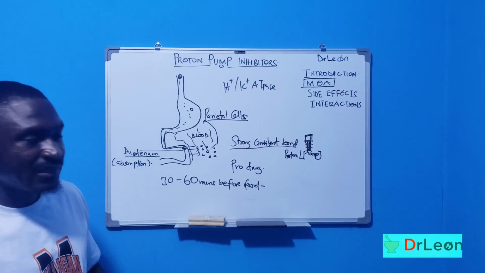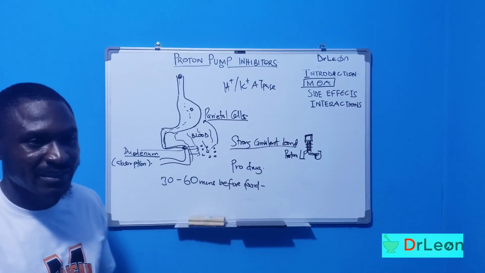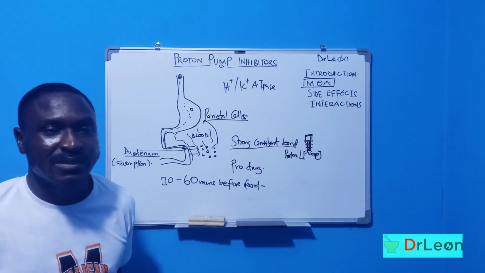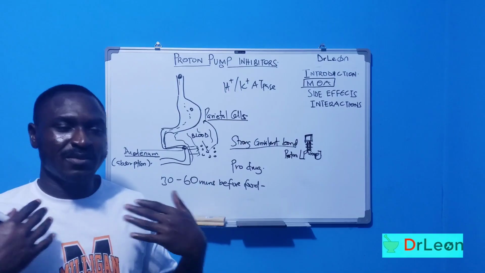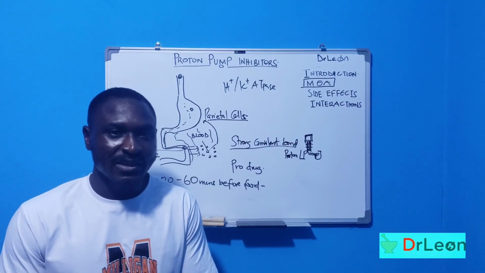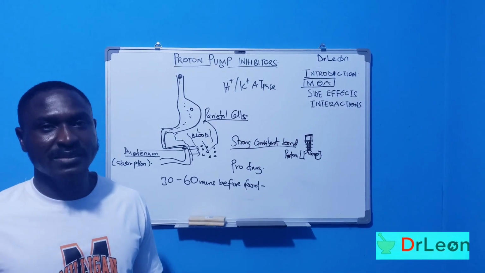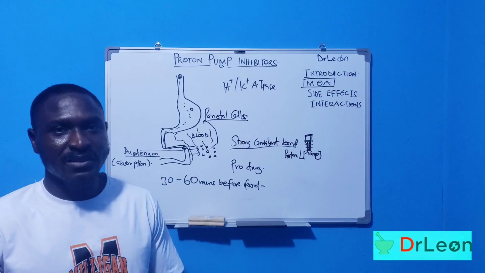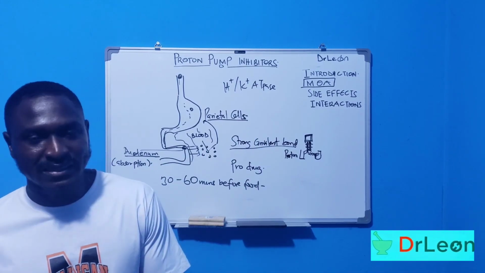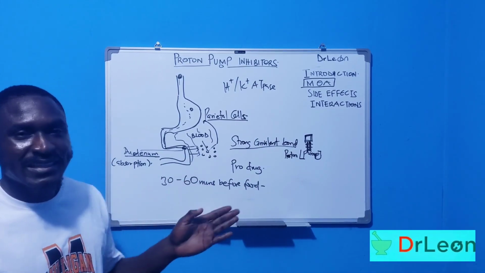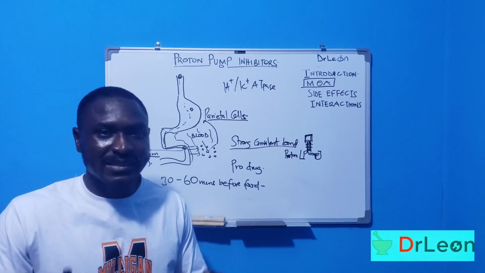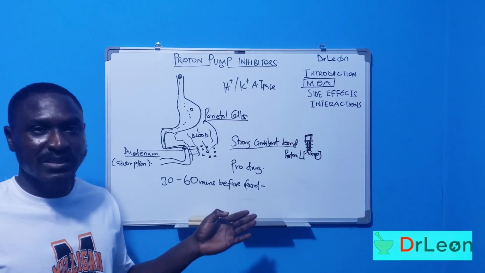About 30 or 60 minutes before food, since you are thinking about eating, your body will stimulate the proton pump to produce what? Acid. So they will be stimulated. They are actively secreting the acid, so that when the drug gets there, there is an acidic environment for the drug to be what?